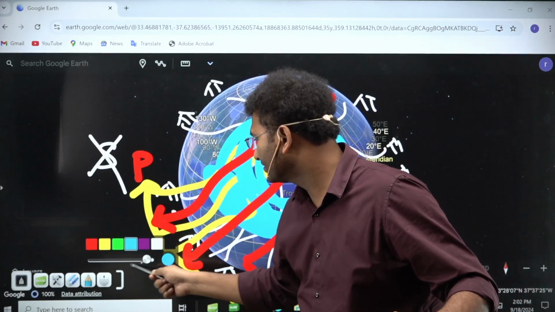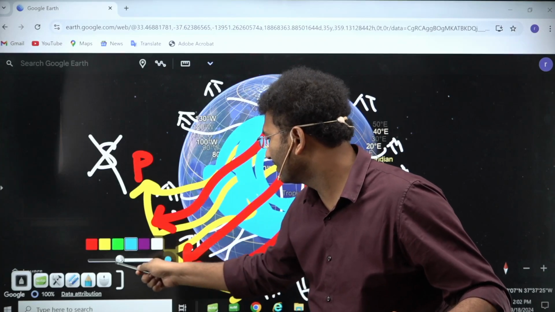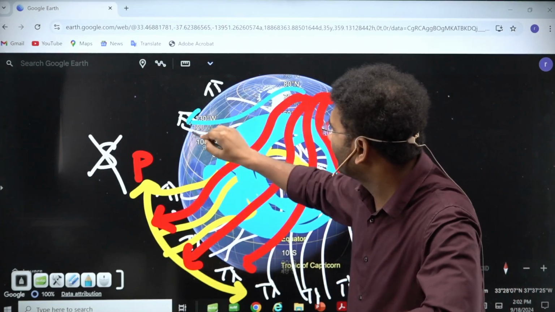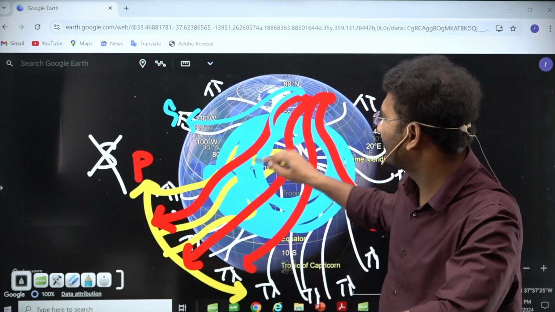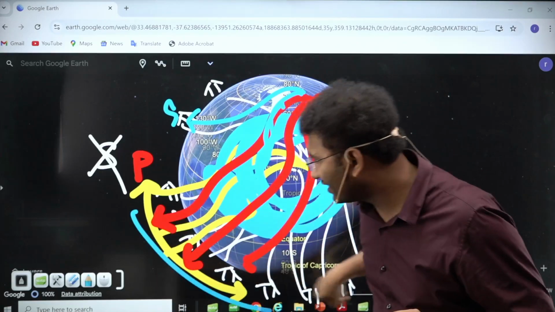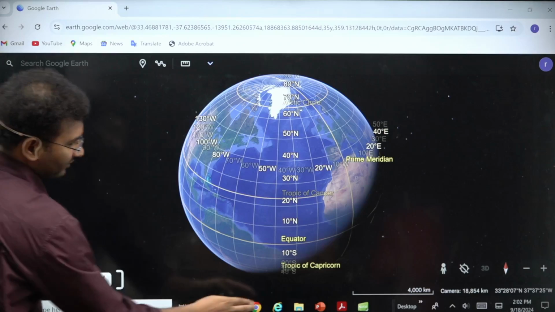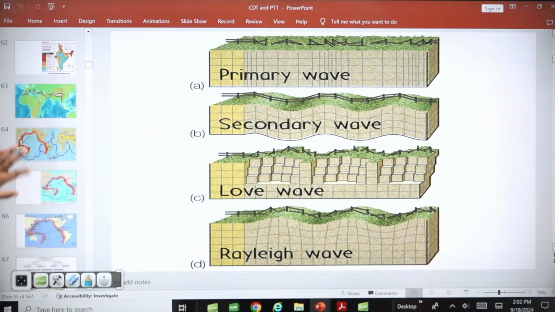Let's imagine this red and blue color is the S wave. Now S waves will be recorded here, in this seismograph. But as soon as it touches this liquid, your S wave is dead. That means this entire area did not receive S waves. So using this concept, we have tried to understand that the earth has various layers.